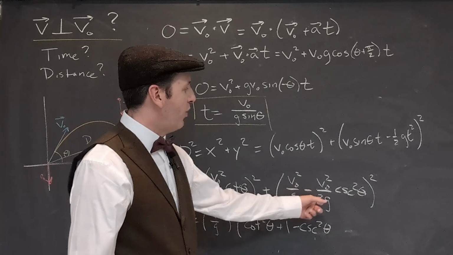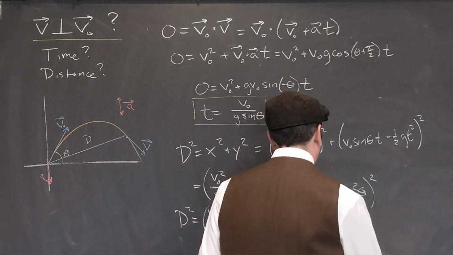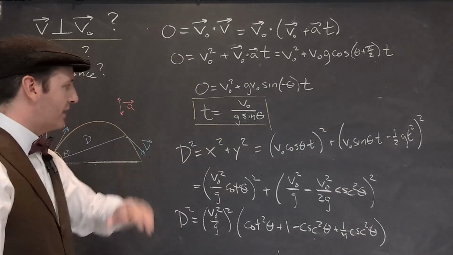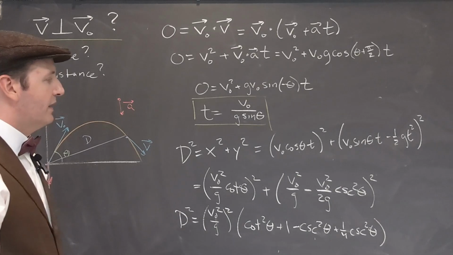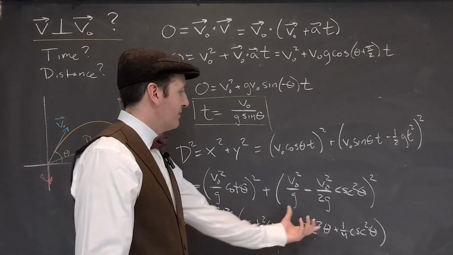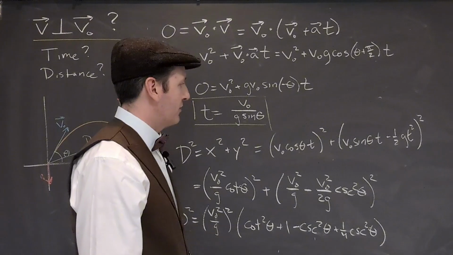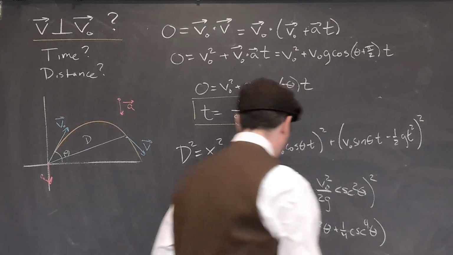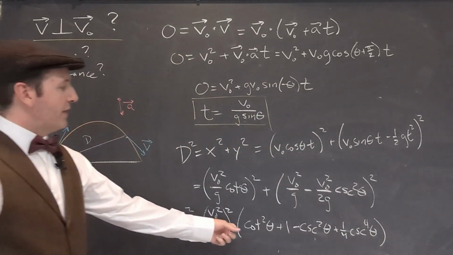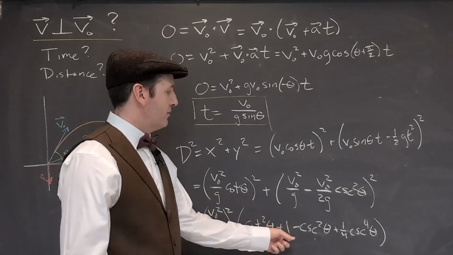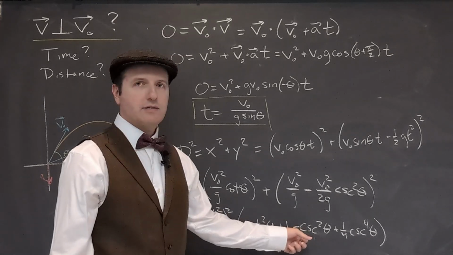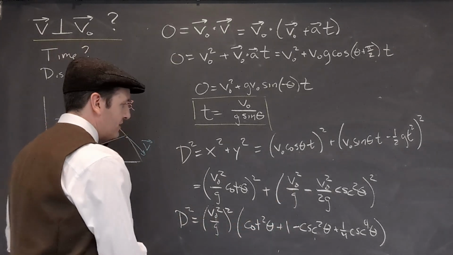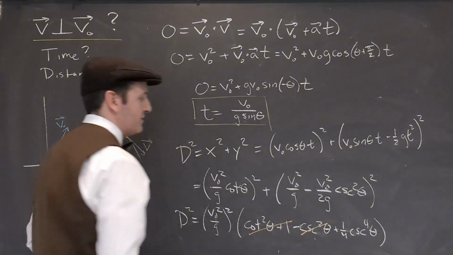And I will have a plus 1/4 cosecant squared. Oh, sorry, this should be cosecant to the 4th, because it was squared and then squared again. There we go. But look right here. Cotan squared plus 1 is cosecant squared. That's one of those Pythagorean trig identities. So these 3 terms cancel.